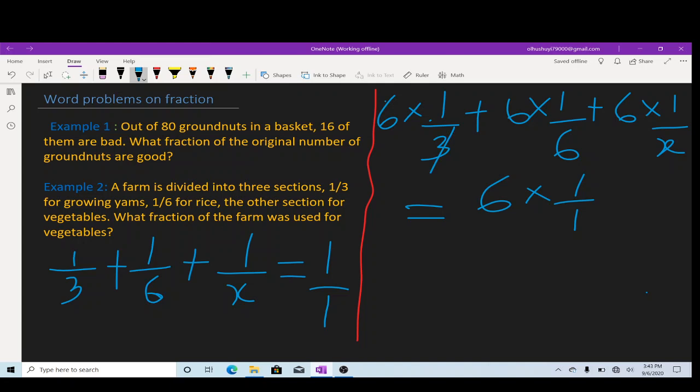What do we have? 3 here, 1. 3 here is 2. 6 here, 1. 6 here, 1. These x and 6 cannot cancel each other, right? So we have 2 plus 1, then plus 6 upon x, and that can be equal to 6.